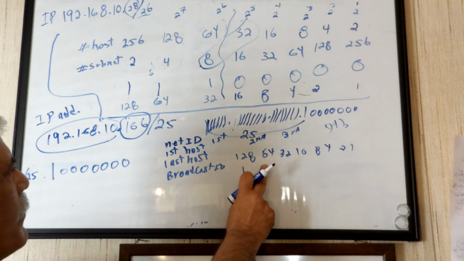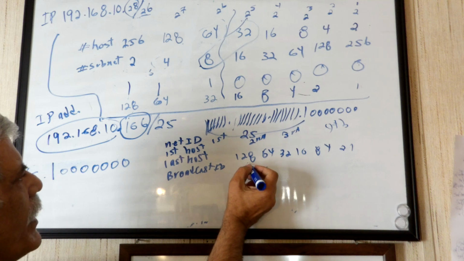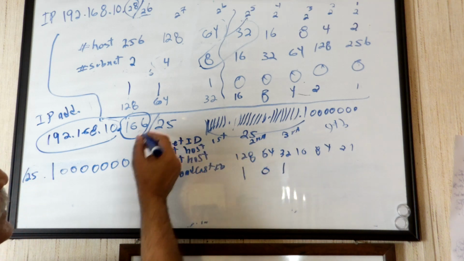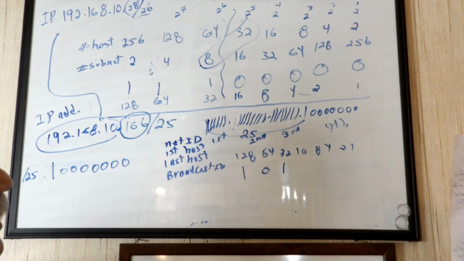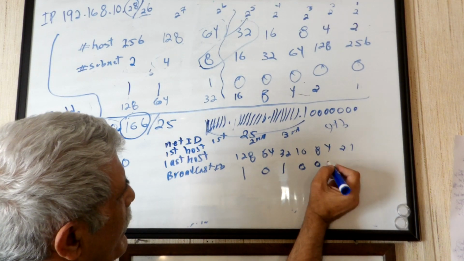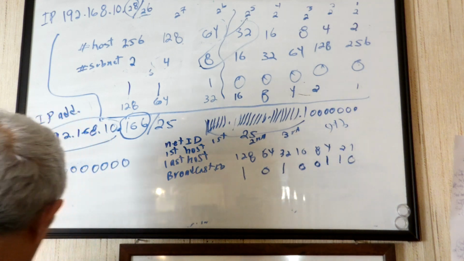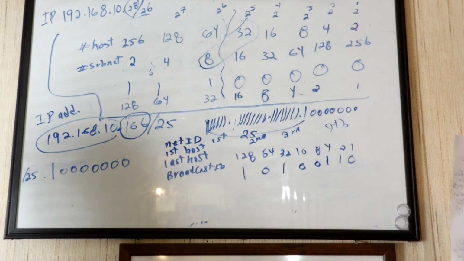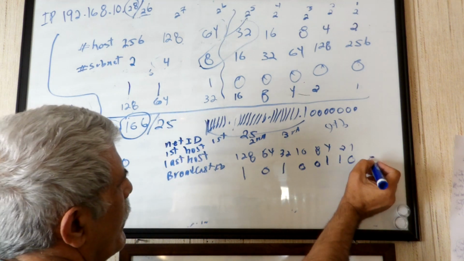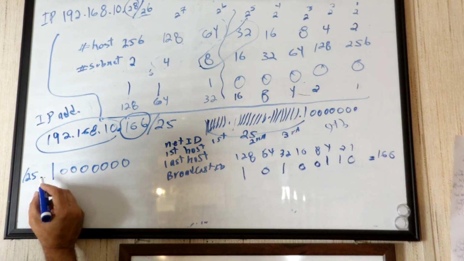If you add this one, it's going to be 192, which is over, so this is going to be 0. 128 plus 32 is 160. We have 6 more. This is 0, and we cannot use this one. We are going to use 4 and 2, 6. If you add this together, it's going to be 166. Okay, we write 166 here.